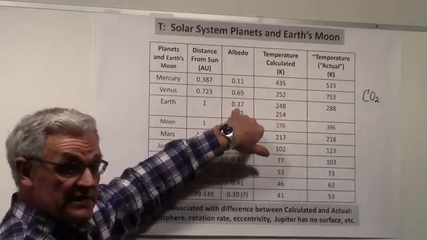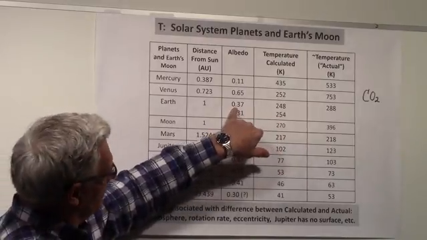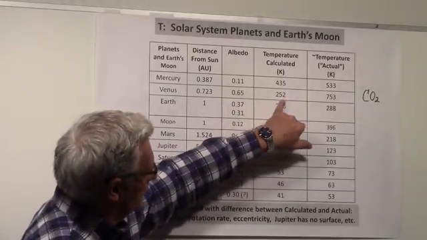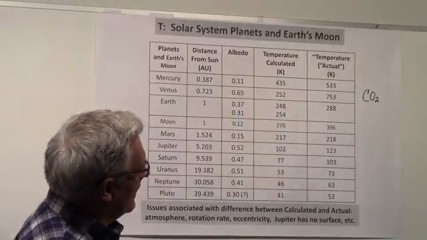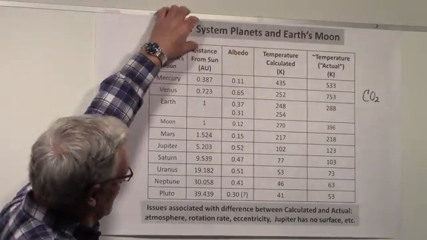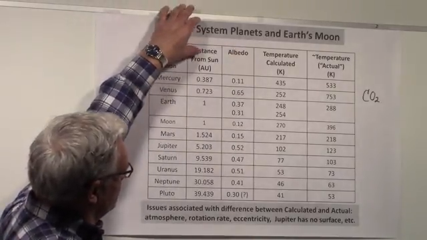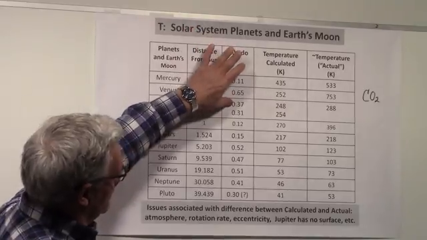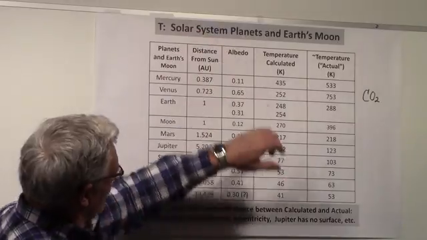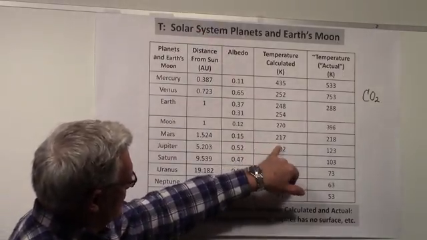And I'm also showing a second value here for the albedo for the Earth. It's 0.37. And so that gives you an even lower temperature if more is reflected. The albedo for the Earth kind of floats between those two values. Mars is particularly interesting.